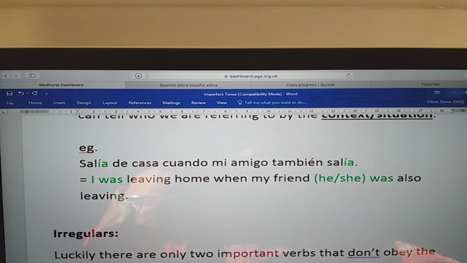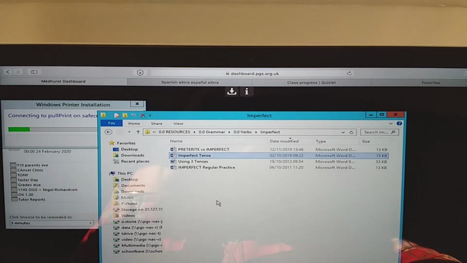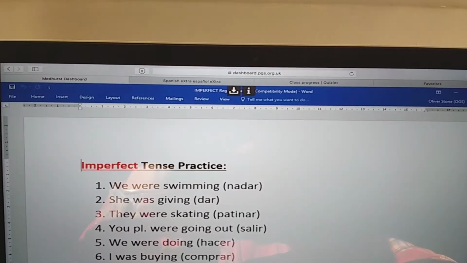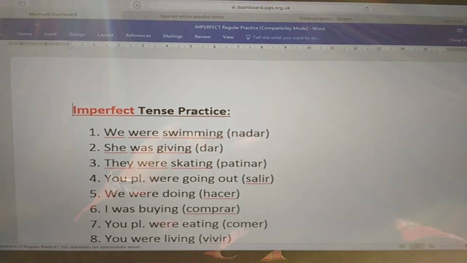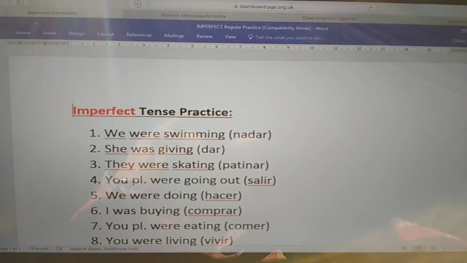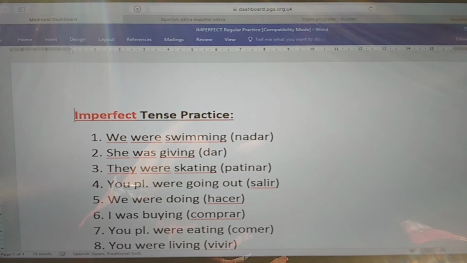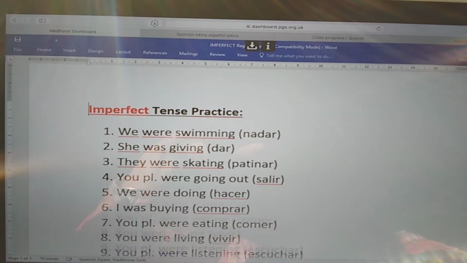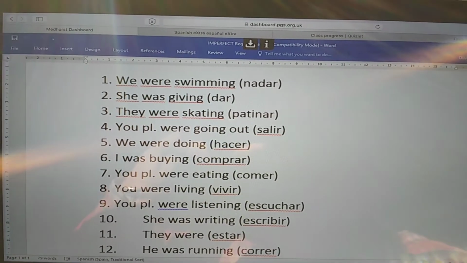And now I would like you to, in fact, do a little bit of practice. Okay, so again, you can just pause if you want. So you are going to write out how to say in the imperfect these verbs.